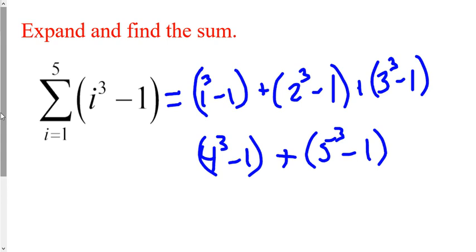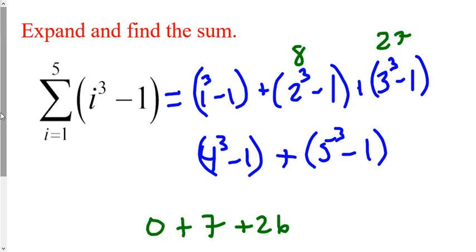1 cubed minus 1 is 0, so I've got 0. 2 cubed is 8, so minus 1 is 7. 3 cubed is 27, so minus 1 is 26. 4 cubed is 64, so that's 63. 5 cubed, 125, so that is 124.